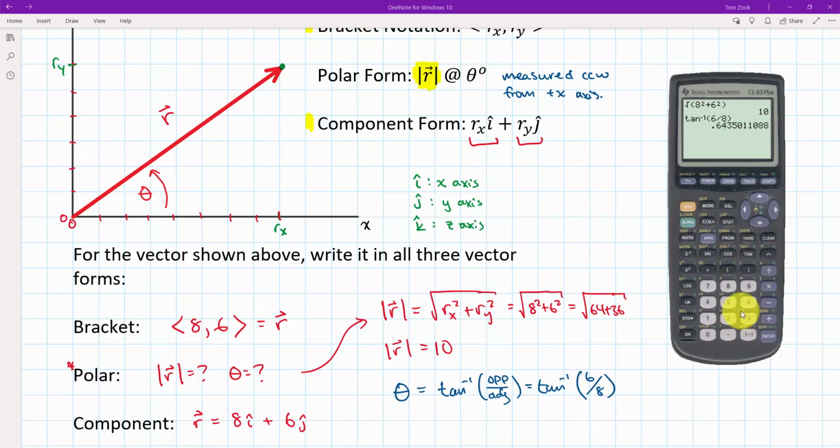These fake calculators are tricksy. All right, so 36.8, this is called 36.9.